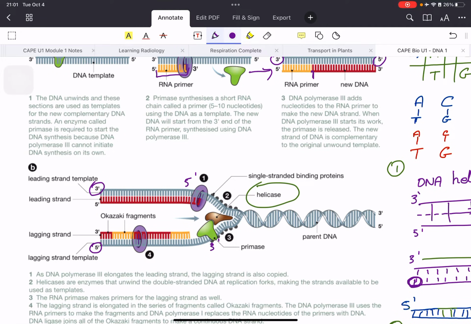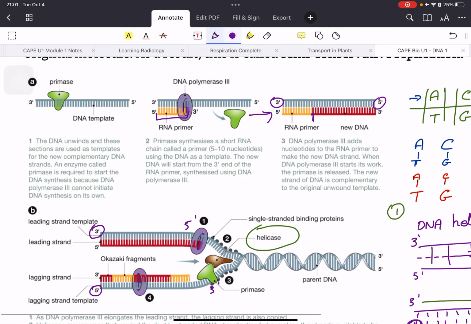Now, for some reason, DNA polymerase works very well in the 3' to 5' range. It would only go forward from the 3' to 5'. It does not work that well for the bottom piece, which is the 5' to 3'. It doesn't know how to work. It could only go forward. It can't work backward.